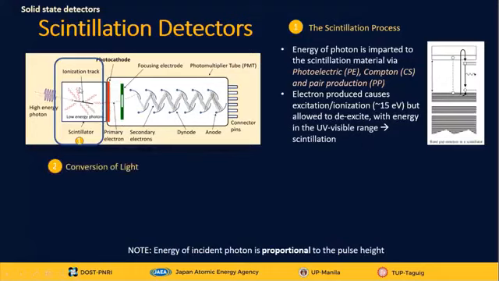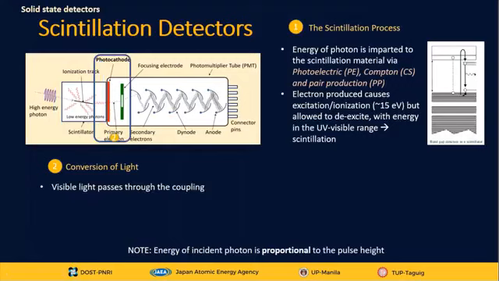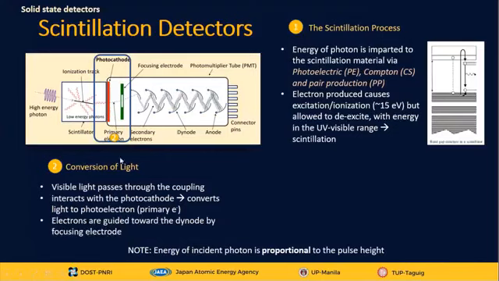Then, the light produced in the scintillation region is converted into an electron. The visible light passes through the coupling and interacts with the photocathode, converting the light into a photoelectron. This is what we call the primary electron formation. The electrons are guided towards the dynode by the focusing electrode.